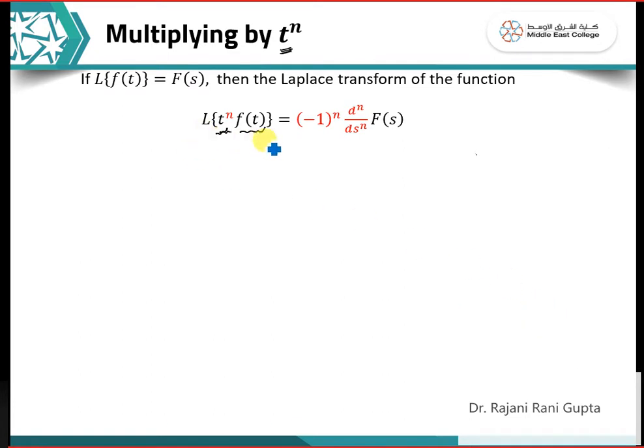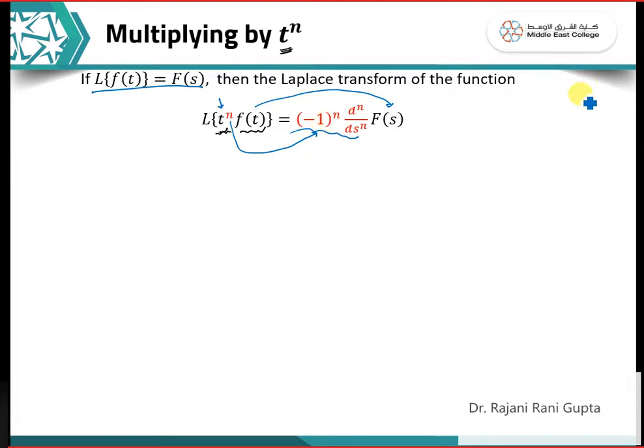In this case, what the property says is, if the Laplace transform of any function is denoted by F of s, then the Laplace transform of t power n f of t is minus 1 to the power n, d^n over ds^n, times F of s. So again, we are going to use f of t to give you F of s, and t power n, this power, will decide this term.